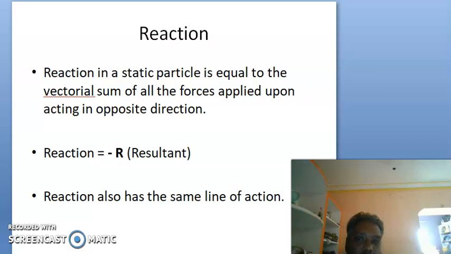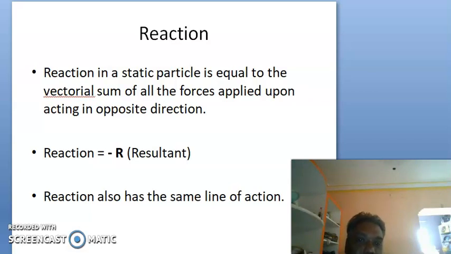Reaction. In particle statics, we study that the reaction is equal and opposite. So the reaction is equal to the vectorial sum of all the forces applied upon together, acting in the opposite direction.